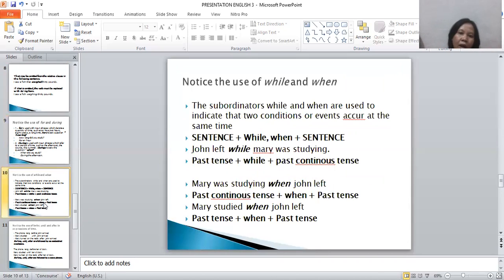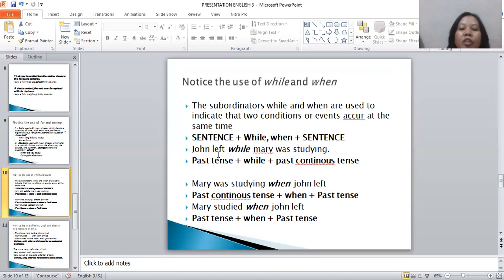Now I will explain about using while and when. The subordinators while and when are used to indicate that two conditions or events occur at the same time. How do we use while and when? Sentence plus while or when plus sentence.